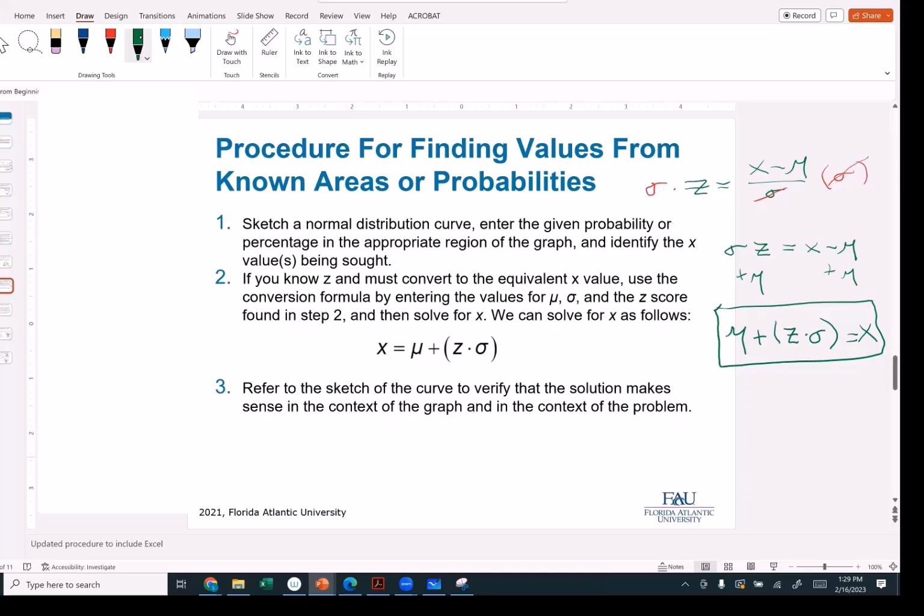Refer to the sketch of the curve to verify the solution makes sense in the context of the graph and in the context of the problem. For example, if you got a probability that was greater than 1 or less than 0, that's wrong. Think about your answers and whether they seem logical.